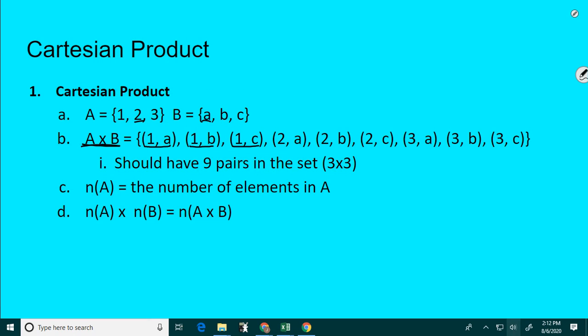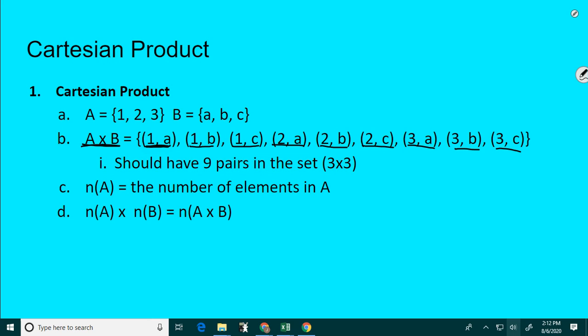I match up 2 with A, 2 with B, 2 with C, and then the same thing with 3: 3A, 3B, 3C. If the order was flip-flopped, you just flip-flop the order in the parentheses. That's it.